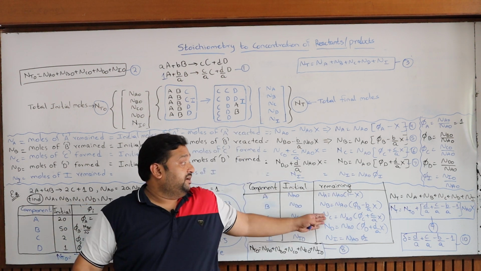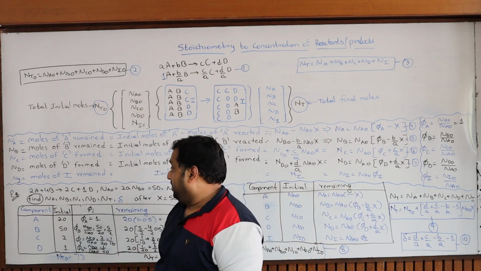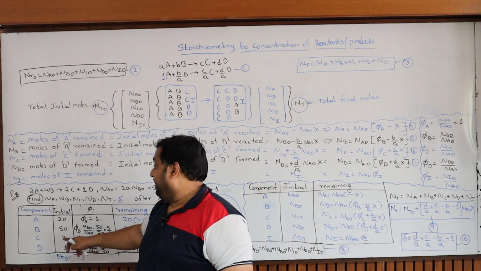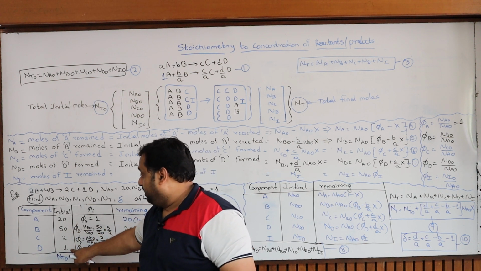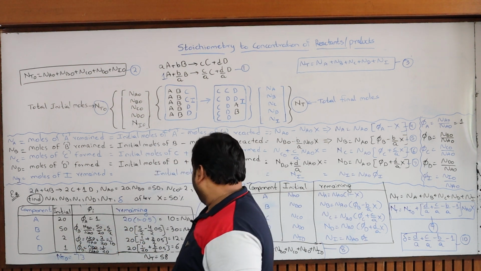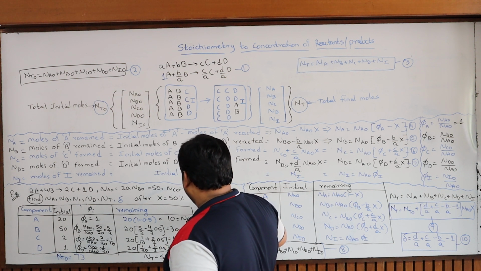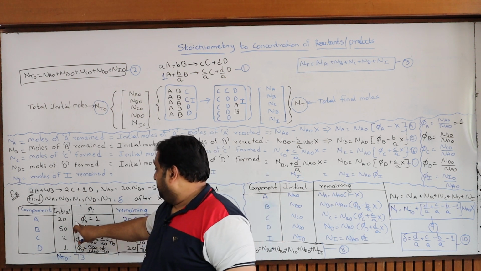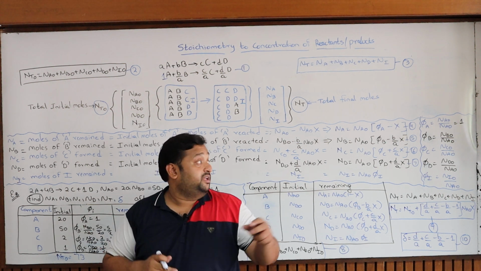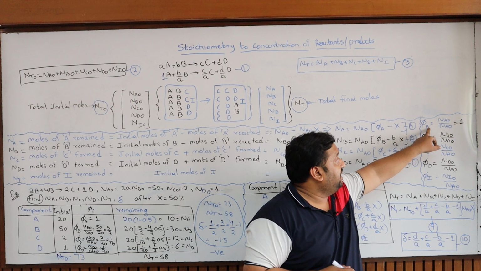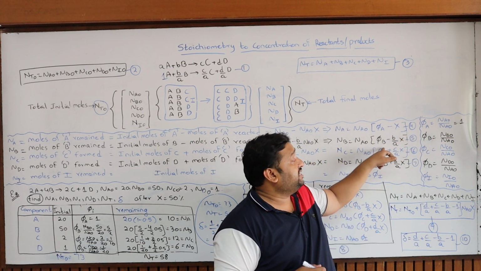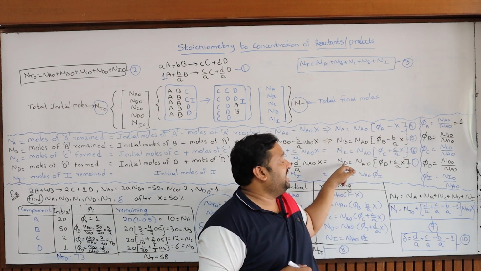Let us do the stoichiometry table here, the way we have done, with components A, B, C, D. Initial moles of A is 20, of B is 50, of C is 2, and of D is 1. Now, what is phi I, meaning phi A, phi B, phi C, phi D? You have to get these values, only then can you use this expression to calculate Na, Nb, Nc, Nd.